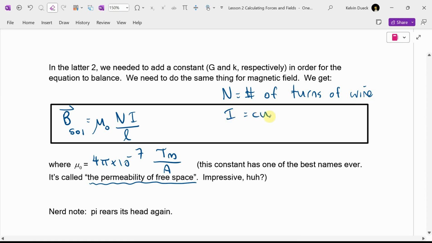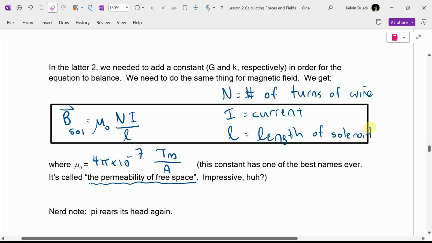I was the current running through the wire. L was the length of the solenoid. Oh, and B is the magnetic field in Teslas.